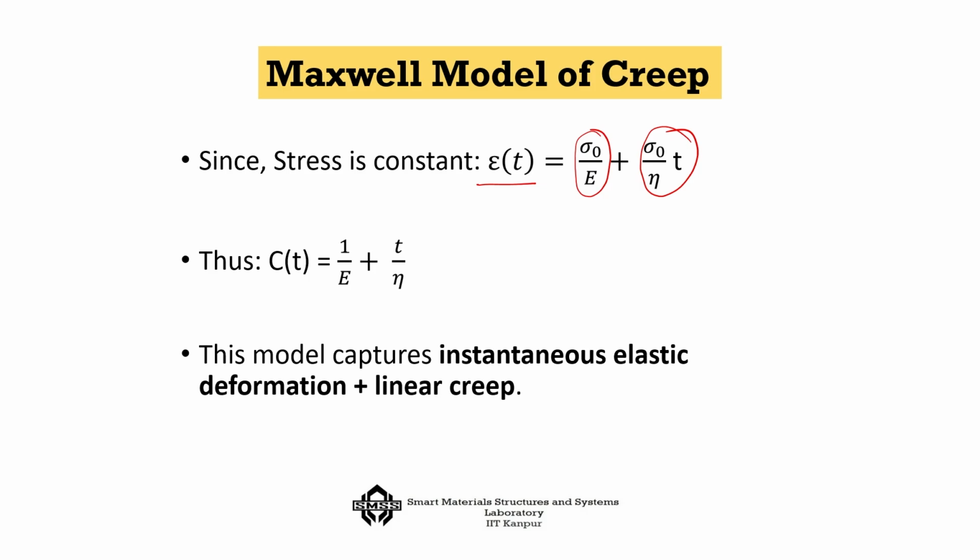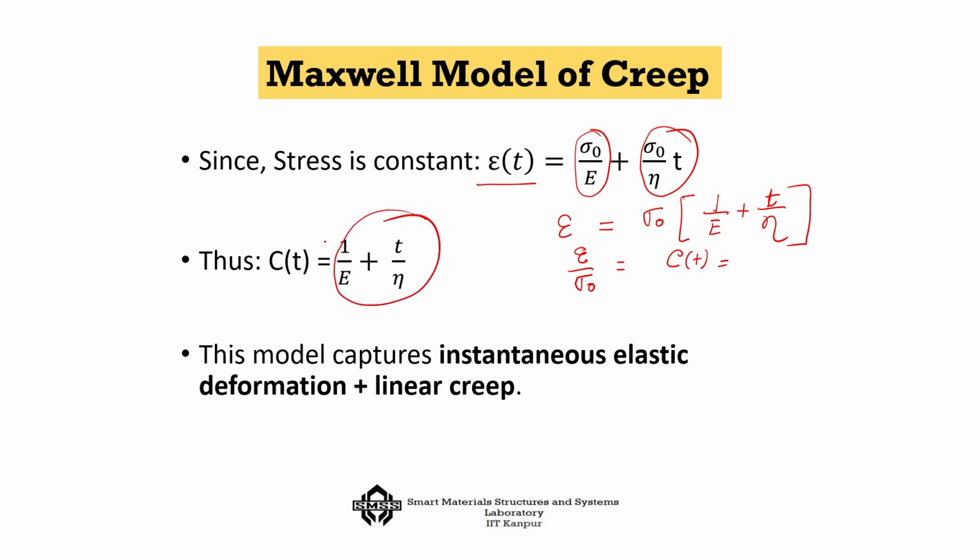So, in this case, epsilon can be written as sigma 0 times (1 over E plus t over eta), and hence epsilon over sigma 0, that will be the creep compliance C(t), and that will be 1 over E plus t over eta.